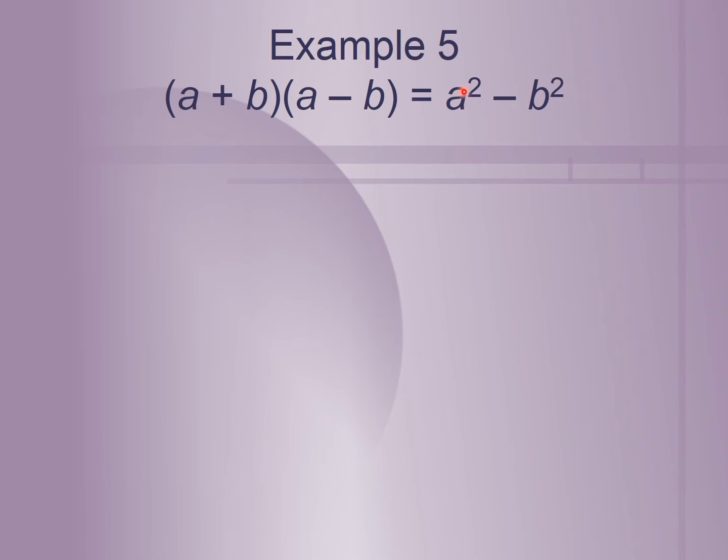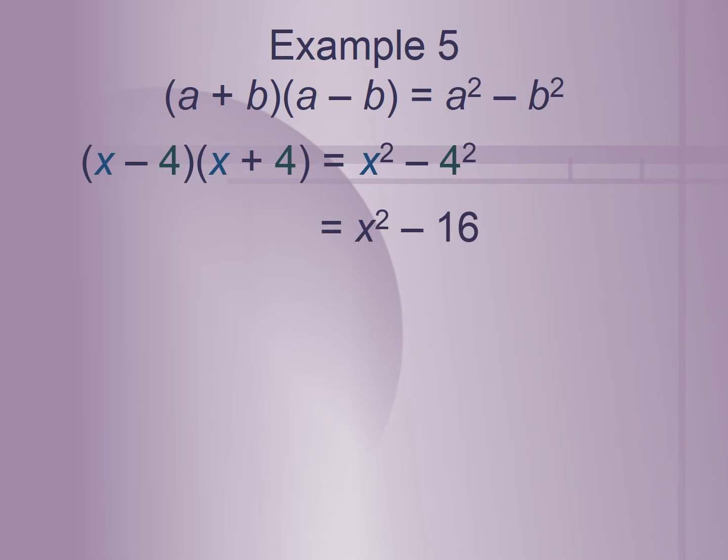So our first term squared minus our second term squared. For our example, we're going to do x minus 4 times x plus 4. This is a product of conjugates. So we take our first term, which is x, and we square it. Then we take our second term, 4, and we square it, and we're doing minus, right? So we're doing our first term squared minus our second term squared.